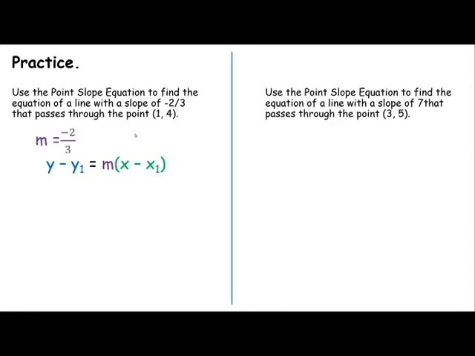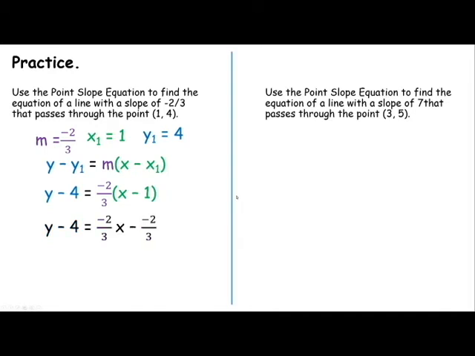In the case of this problem, my slope is negative 2/3. That's given. The only x that I know is the 1. The only y that I know is the 4. I'm going to plug these values into this equation. Then I'm going to simplify it to slope-intercept form. Distributive property to pass out that negative 2/3.